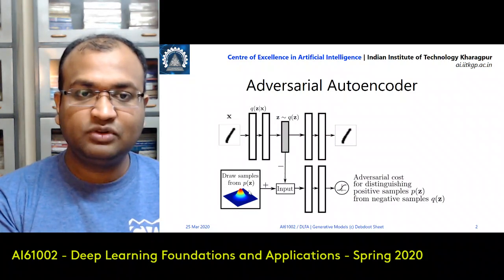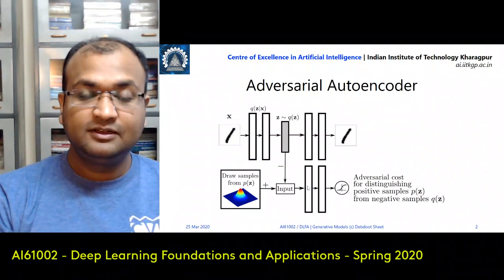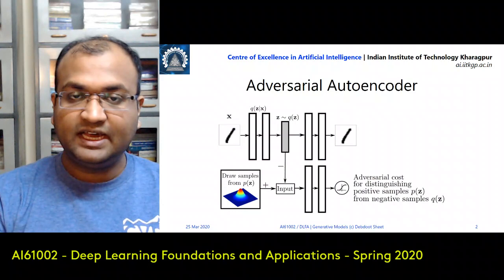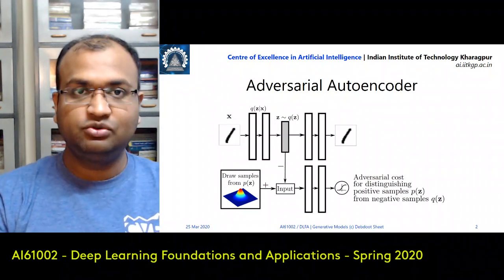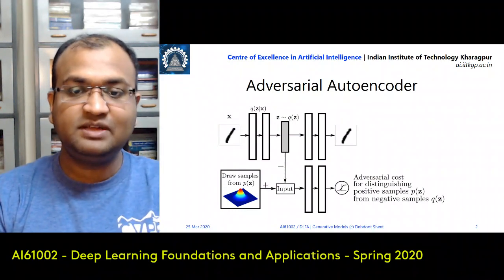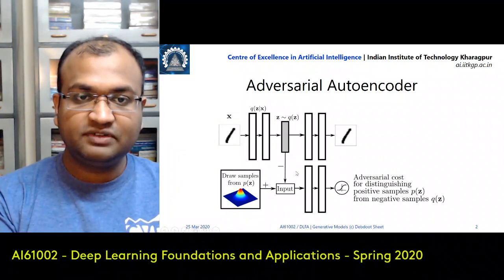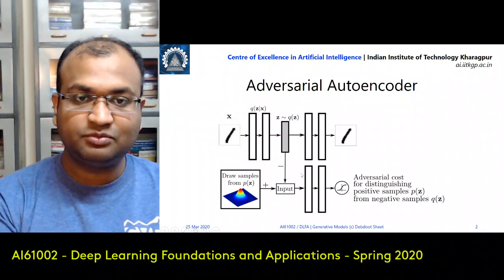Whenever these two are very close by, the discriminator loss will be maximum. So in the best possible case, the discriminator's accuracy will be 50%. And that's the state which I actually want to achieve: a state of 50% accuracy in this discriminator's performance.